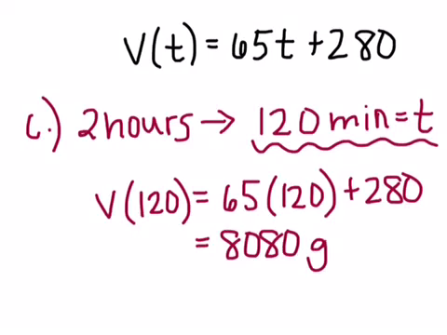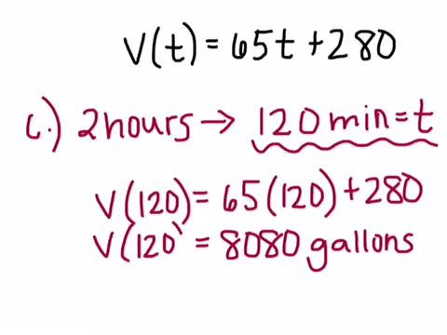And that's gallons. So after 120 minutes, we have 8,080 gallons of water. And if you want to write that as your input-output here, V of 120 equals 8,080 gallons.